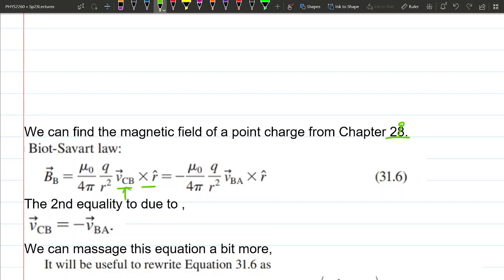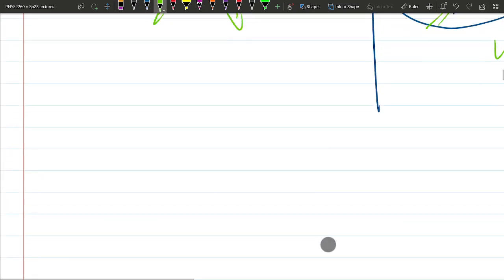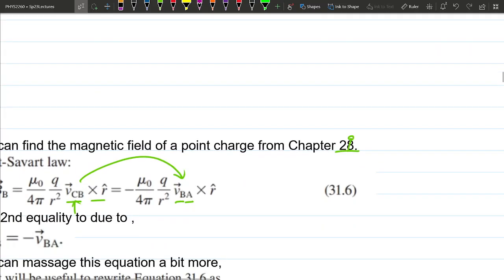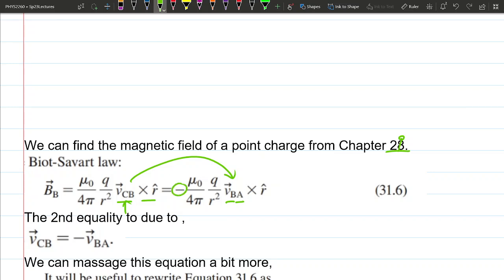In this case, we're not interested in the speed of the charge in Brittany's frame. We're going to convert that to how fast Brittany is moving in Alex's frame. Remember that the velocity of Brittany in Alex's frame is actually negative VBA, and that's where this negative sign up here comes from.